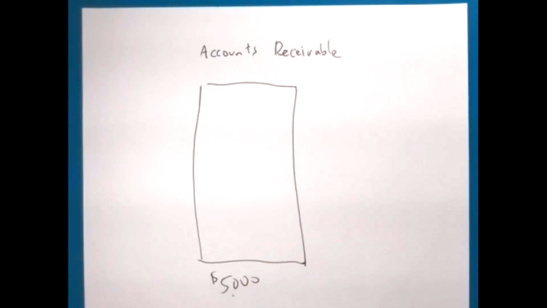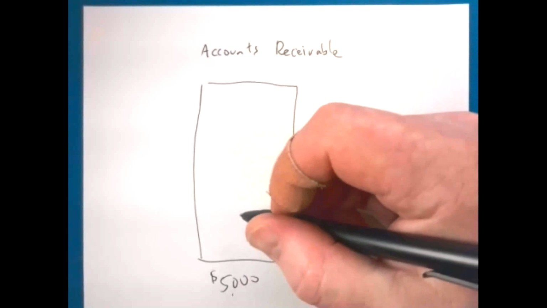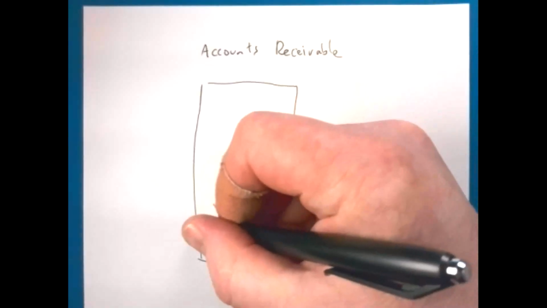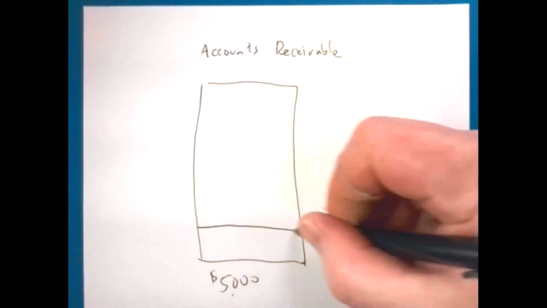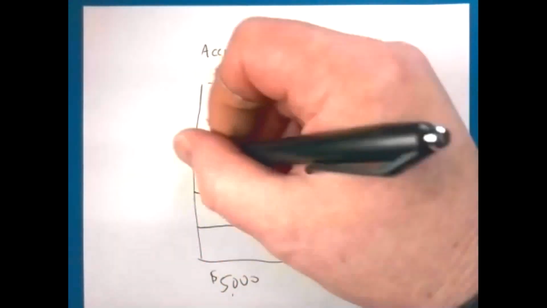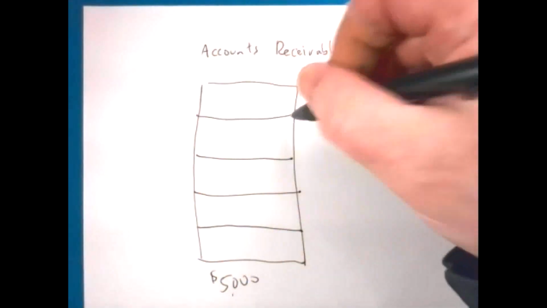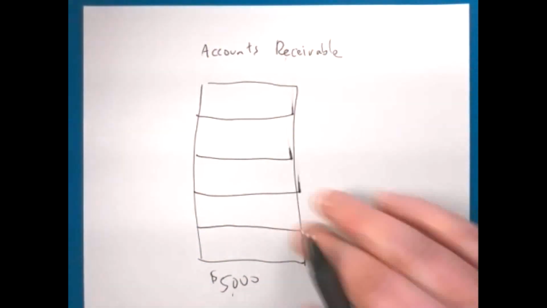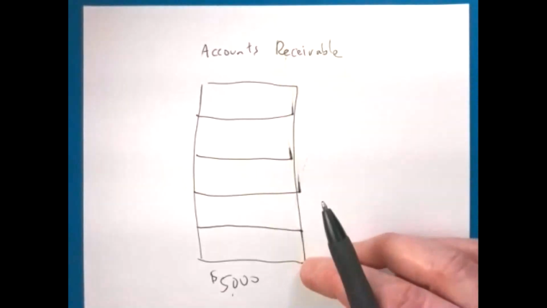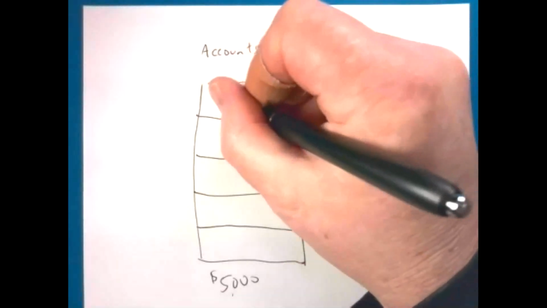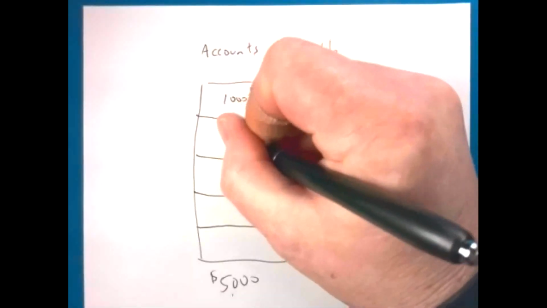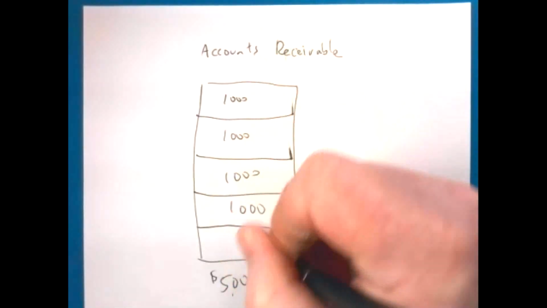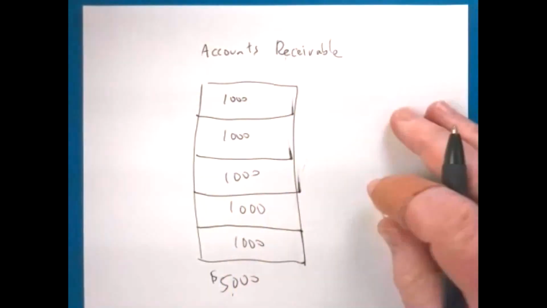Here's the idea behind monetary unit sampling. It says, okay, we can break up this $5,000 into, say, $1,000 chunks.